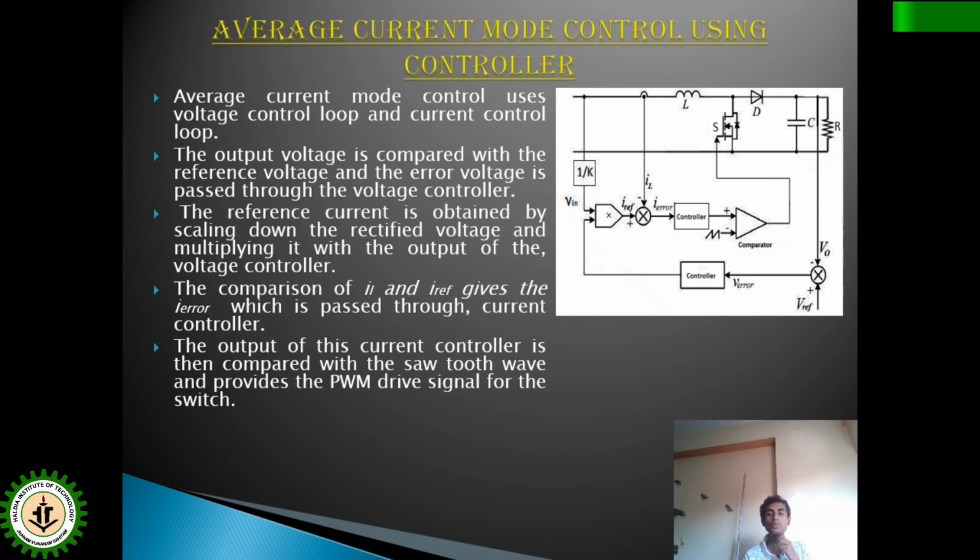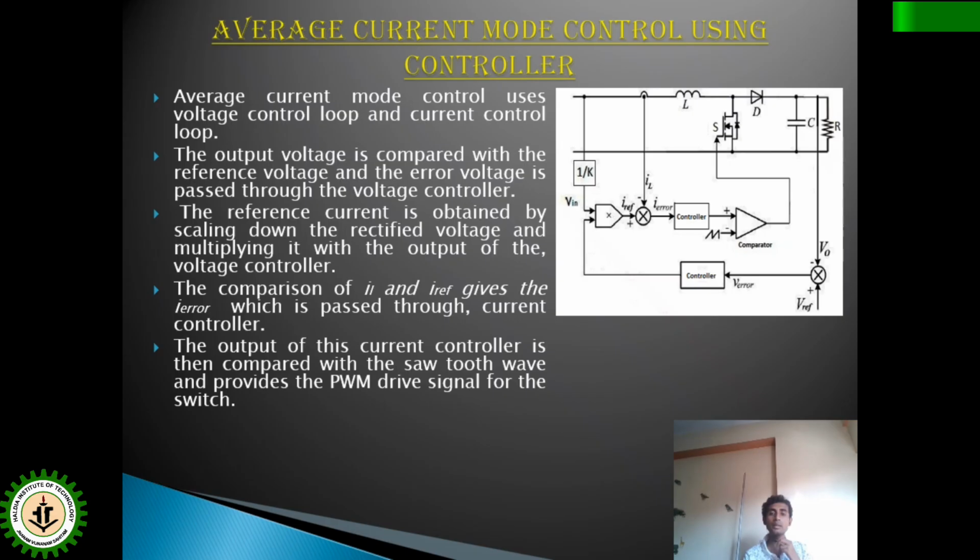This Iref will be the same as the I average that was discussed in the previous slide. It will have a sinusoidal shape but rectified.